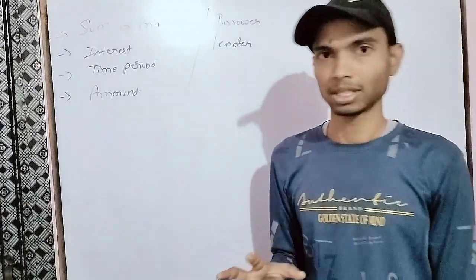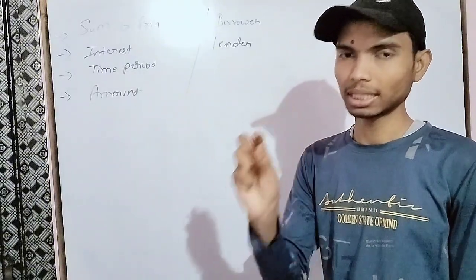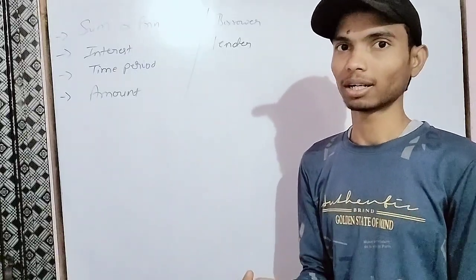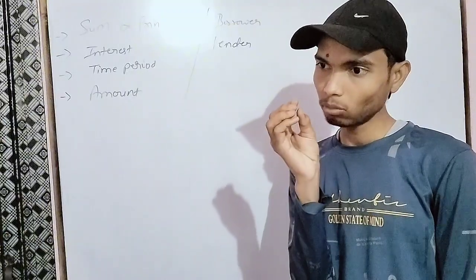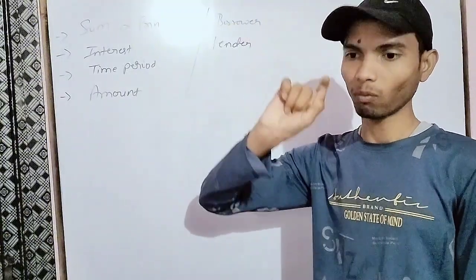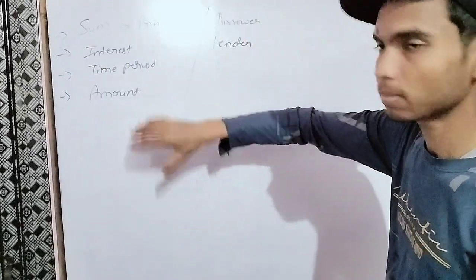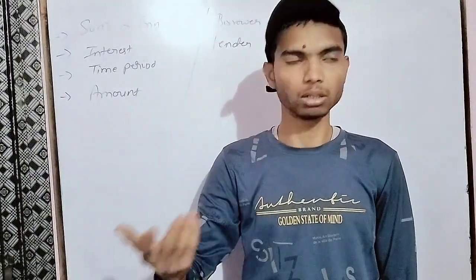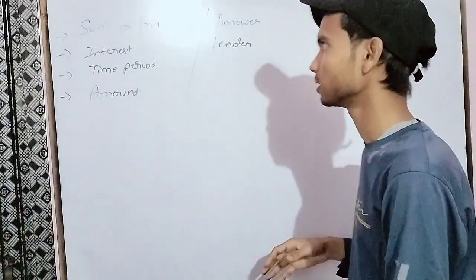So interest at the rate with respect to 2 years will be applied. Interest would be high when time would be high. Time could be monthly, days, weeks, or years, annually, which means a year.